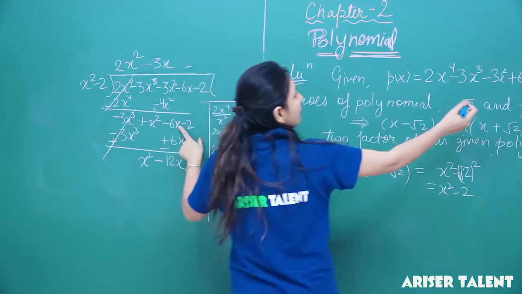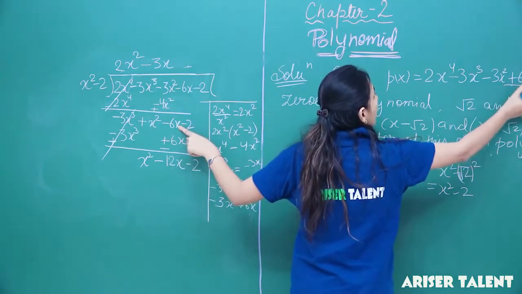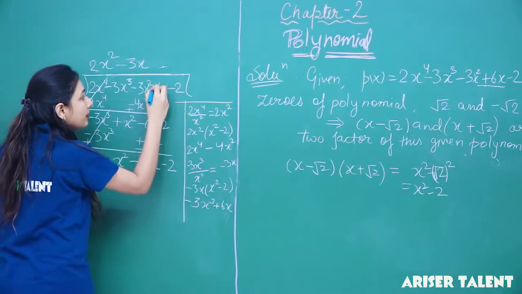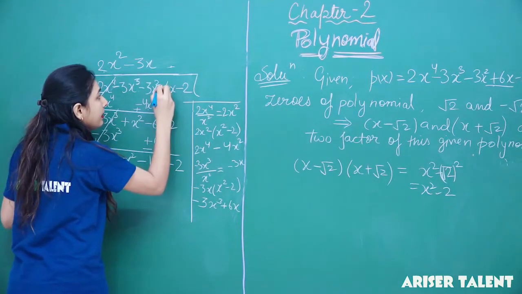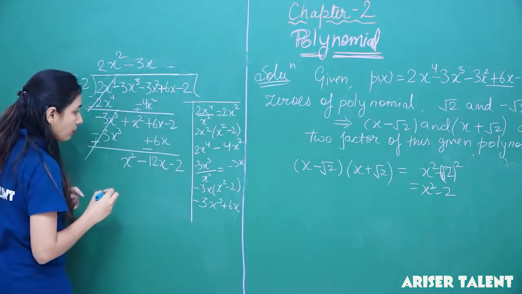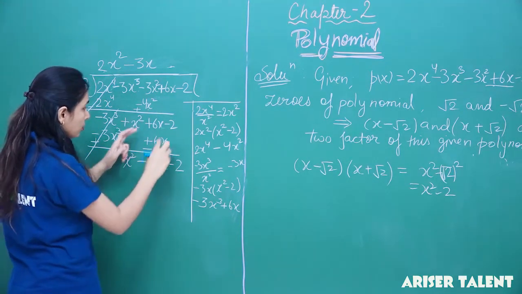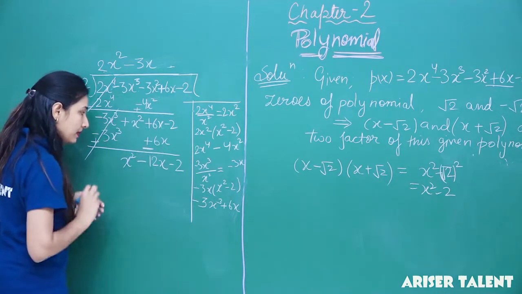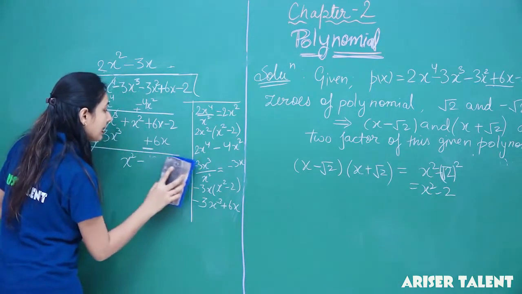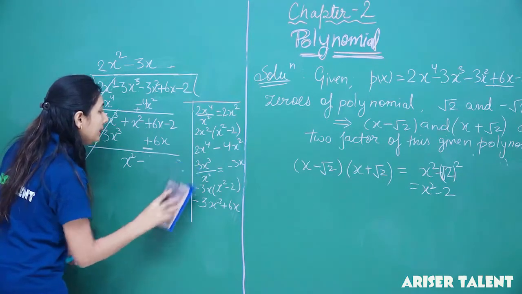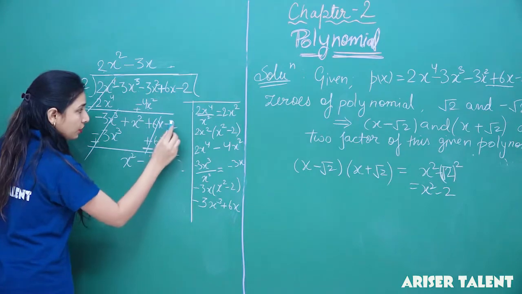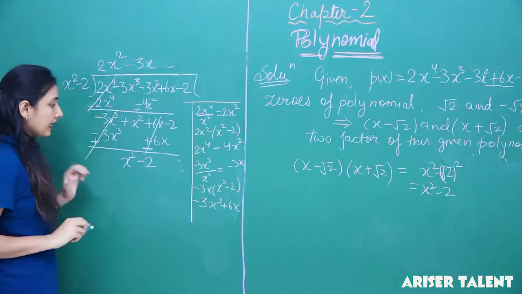Here we are mistaken, that is plus 6 here, but we have written minus 6 here. So correct it, that is plus and that is also plus. Okay. So, what will it become? Minus 6x and plus 6x will cancel out, and you have to write minus 2 as it is.